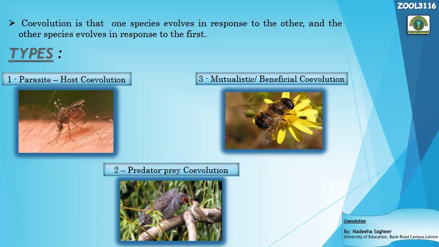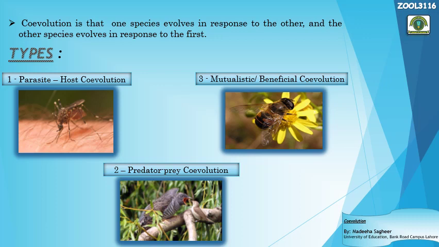Okay, coevolution is that one species evolves in response to the other and the other species evolves in response to the first one. This is what we talked about in our previous slide as well. This is the change-response mechanism. Change is evolution.